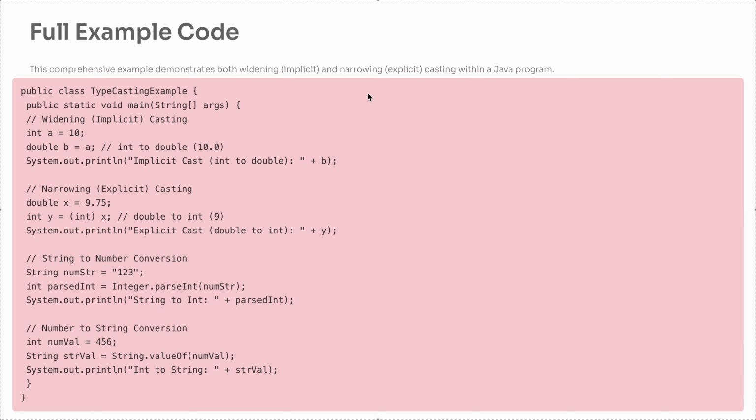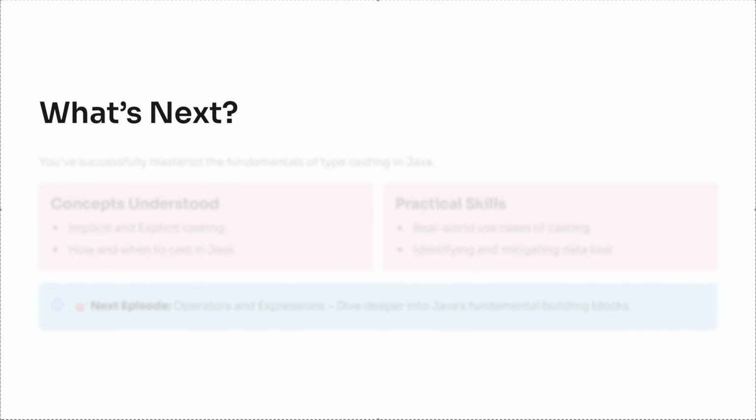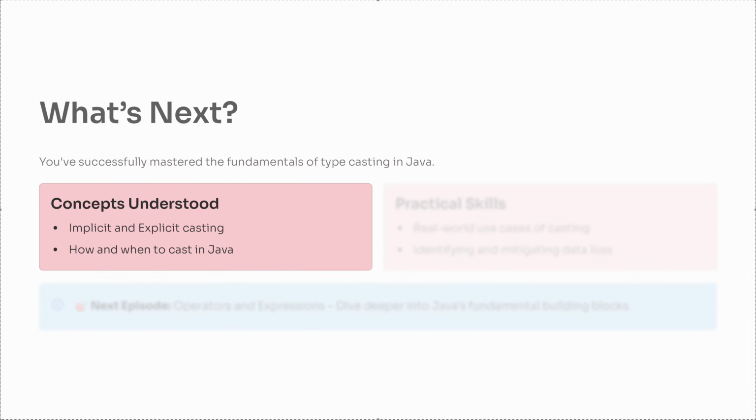I think it's the end of the tutorial. Here we understood the concept of casting, the two types of casting, implicit and explicit, and how and when to use them.